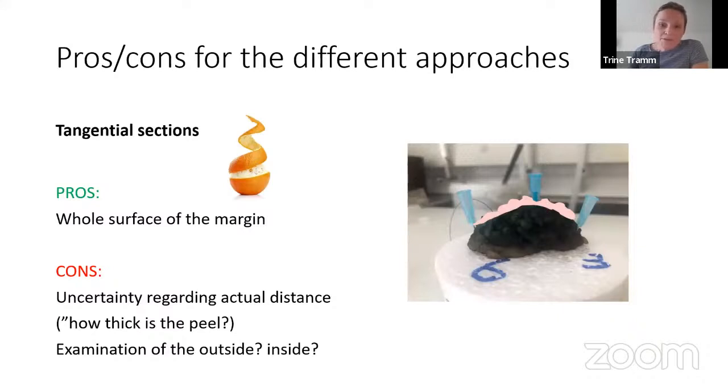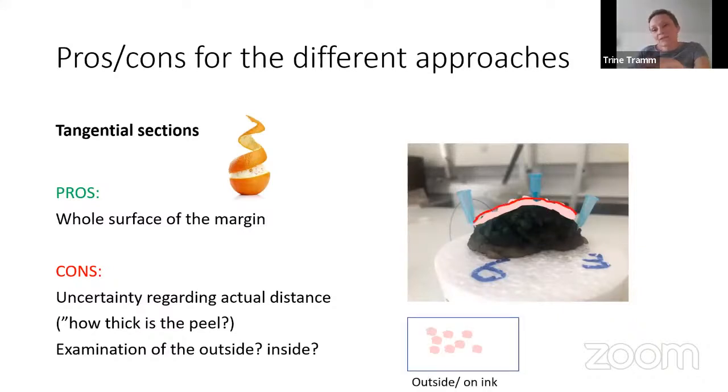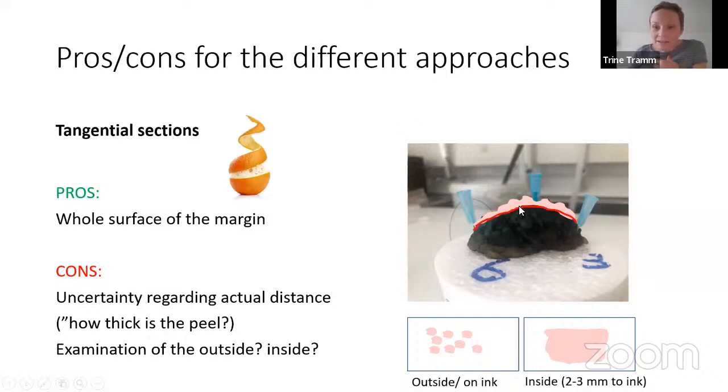So if we take the outside of the peel, what we get is actually the top of the icebergs. So the section I would get is more spotty, like this one down here. But if I take the inside of the peel, what I get is a more full section, but then again, the distance may be 2 millimeters to the surface or 3 millimeters to the surface.